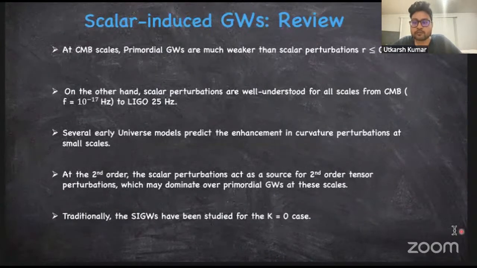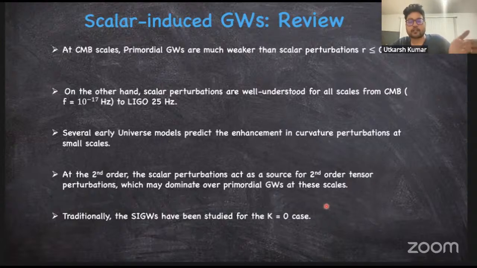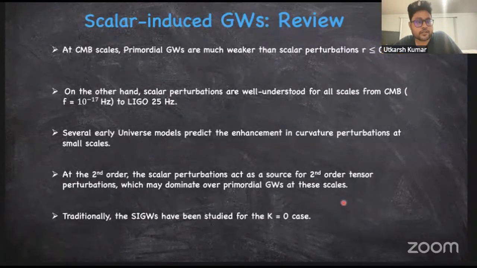If we assume that the curvature perturbations are enhanced enough, then the first order scalar perturbations will act as a source for the second order gravitational waves, which will dominate if the first order perturbations are enhanced enough. So this is called scalar induced gravitational waves.